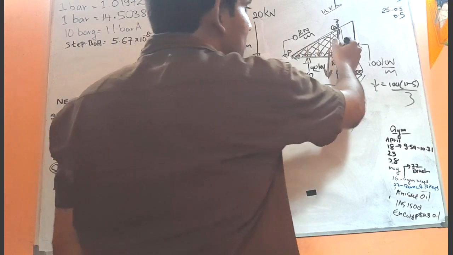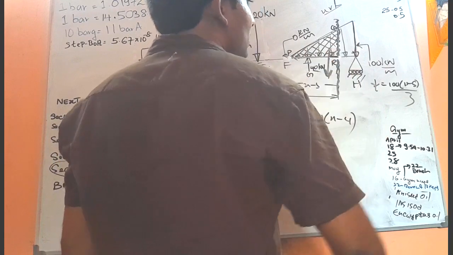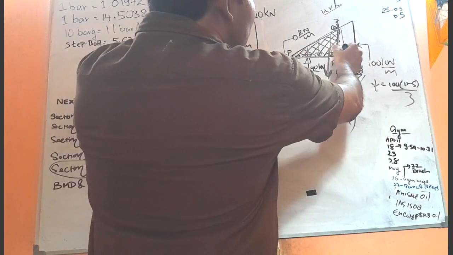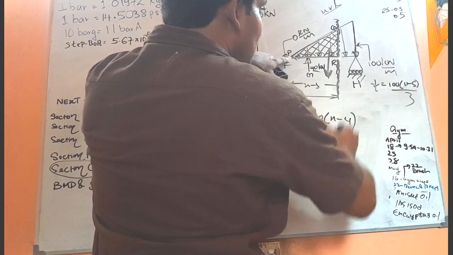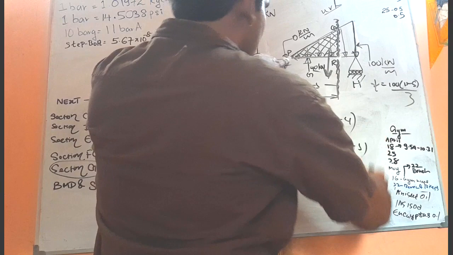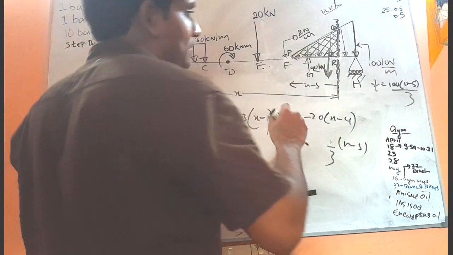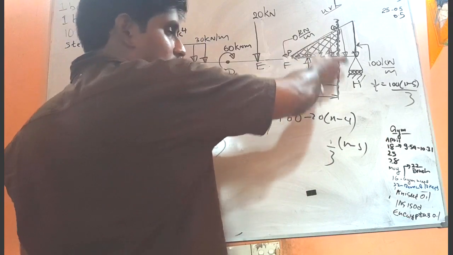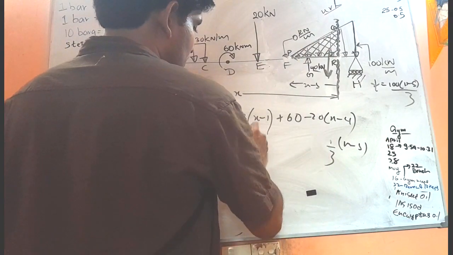So then you have to consider the perpendicular distance. What is the perpendicular distance? This small length. What is that small length? That will be 1/3 of the base, right? 1/3 of the base. What is the base? X minus 5. So anyhow the effect of the bending moment because of this triangular load is negative, half.